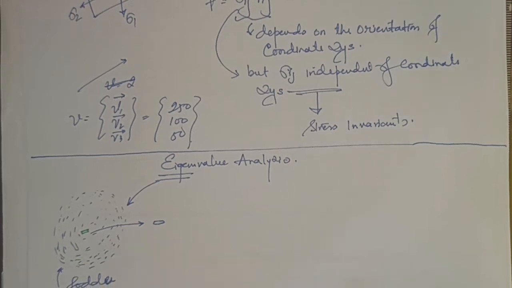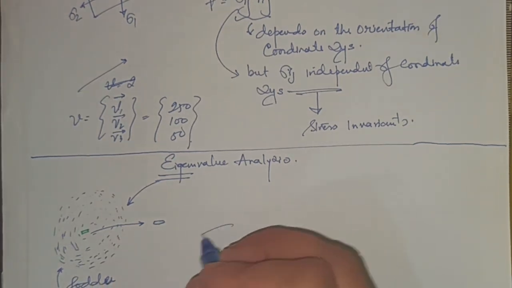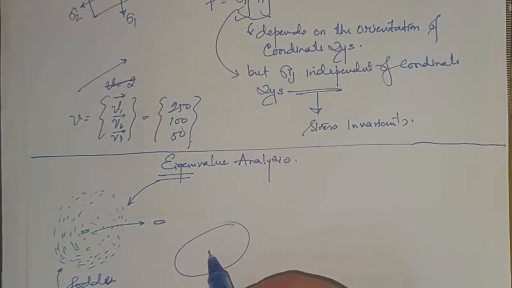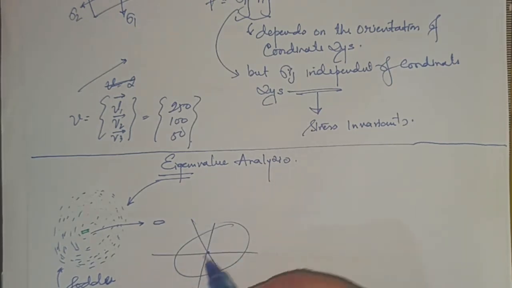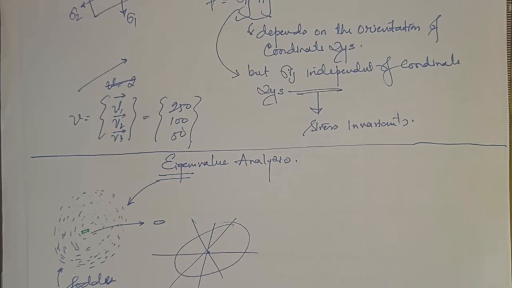What does it mean in terms of stresses? We know that at a certain point inside a body, there exist an infinite number of planes. You can consider these infinite planes as the fodder. But there will be planes on which the stress will be maximum and minimum, and these are the principal planes. I am interested in knowing the principal planes and the values on these planes, that is, the principal stresses. I'll get this through the eigenvalue analysis.